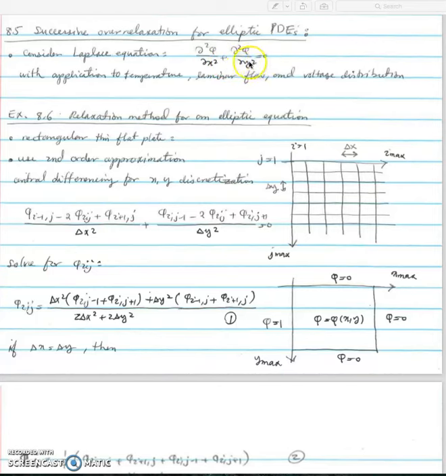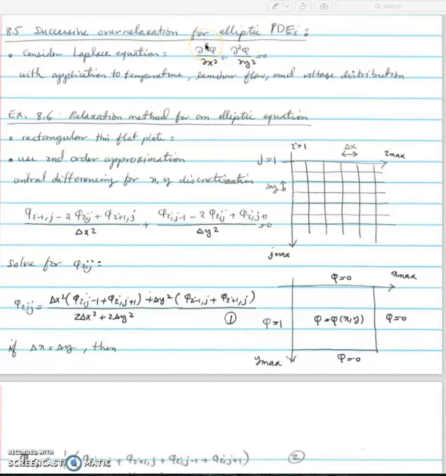So there are two differences between this equation and the ones we've seen so far, particularly the heat equation or the diffusion equation. In the Laplace equation, we have two independent variables, x and y. The derivative on both x and y is the second derivative.